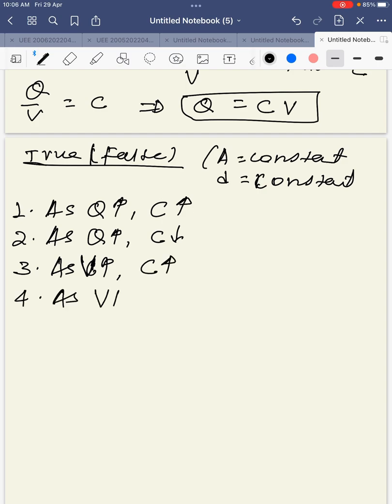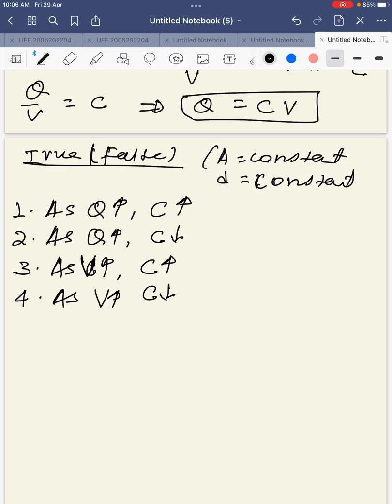As voltage increases, capacitance decreases. Can you identify the false and the true relations in these 4 statements? What can I say about number 1? Number 1, as charge increases, capacitance increases.